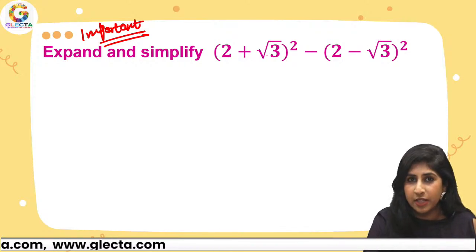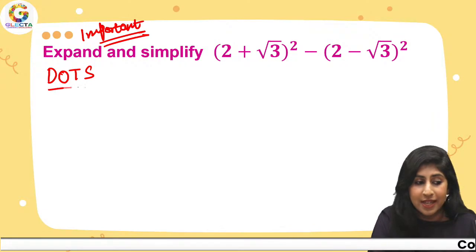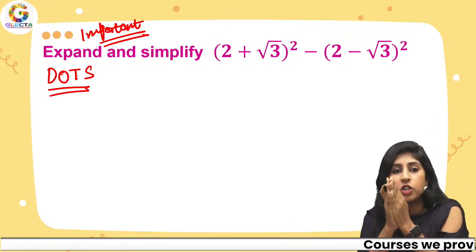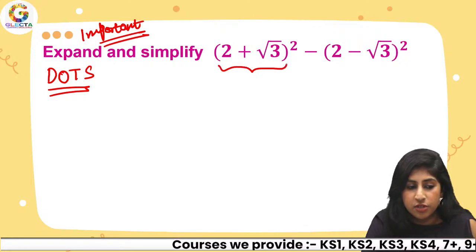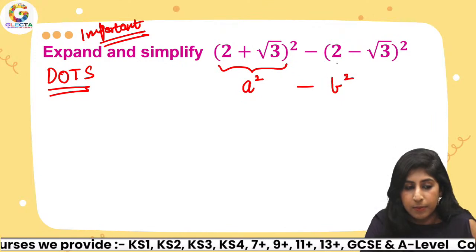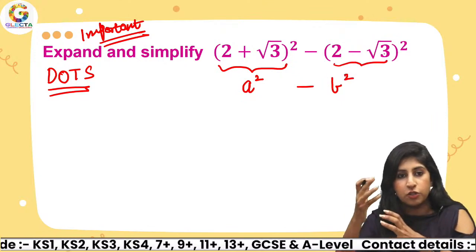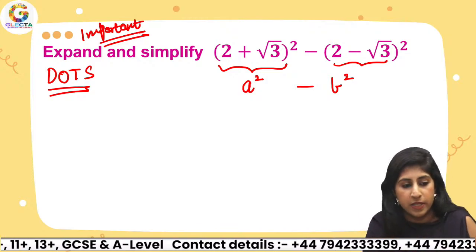So instead of expanding brackets, I also told you about DOTS. DOTS is difference of two squares. Now over here, let me say the first term is a, and let me call the second term, 2 minus surd 3, b. I'm ultimately calculating a squared minus b squared.